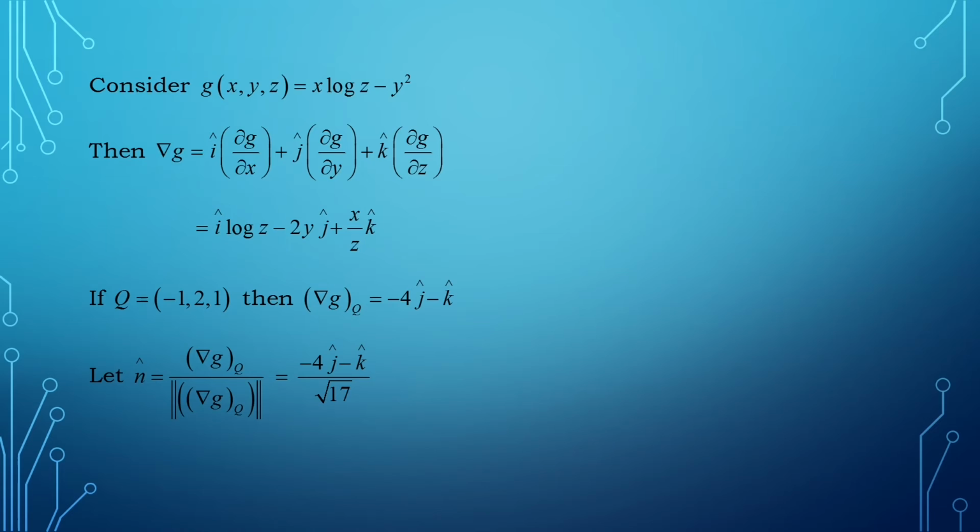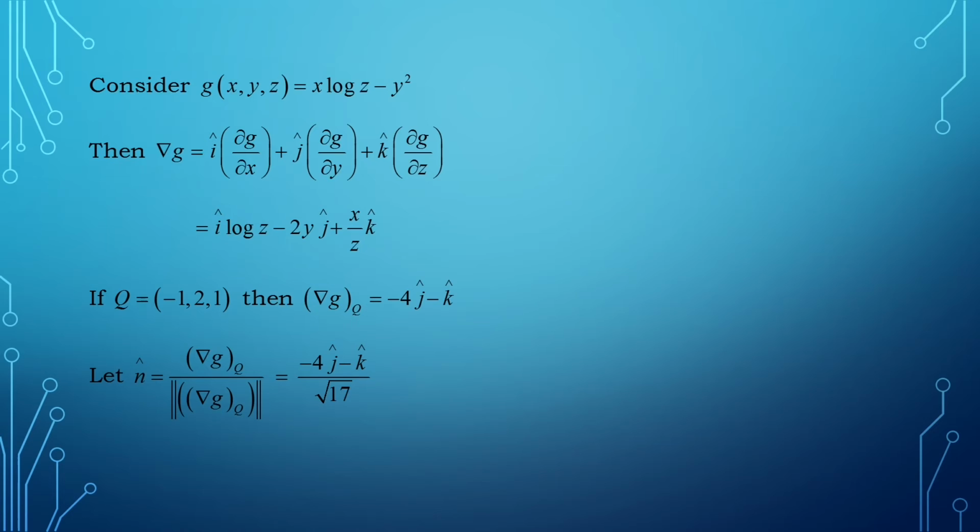For this given surface G of x, y, z equals x log z minus y squared, dou G by dou x becomes log z, dou G by dou y equals -2y, and dou G by dou z becomes x by z.